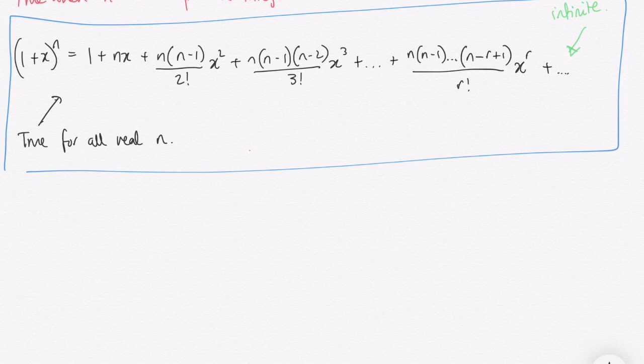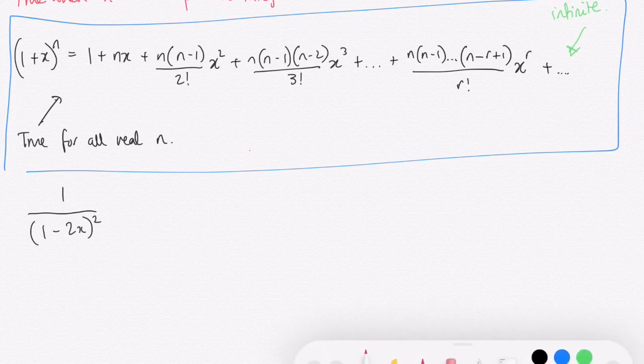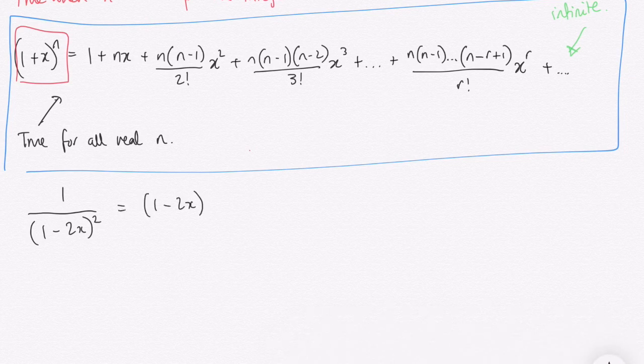So now I'd like to do an example to show how we might use this expansion to expand something like 1 over 1 minus 2x all squared. And to start this, we need to get it to look a little bit like this. Well, we know that this is equal to 1 minus 2x to the power of negative 2.